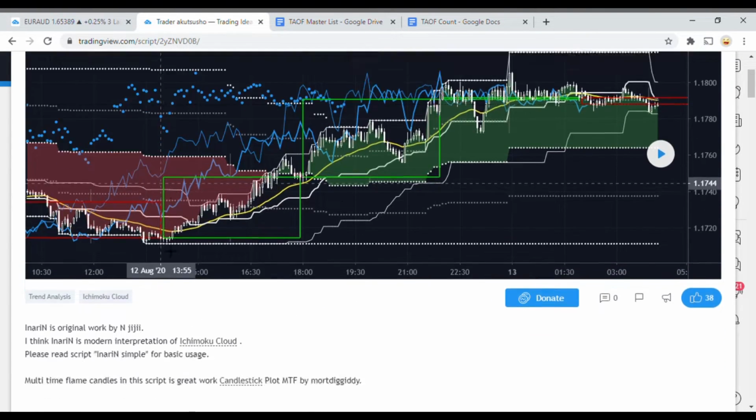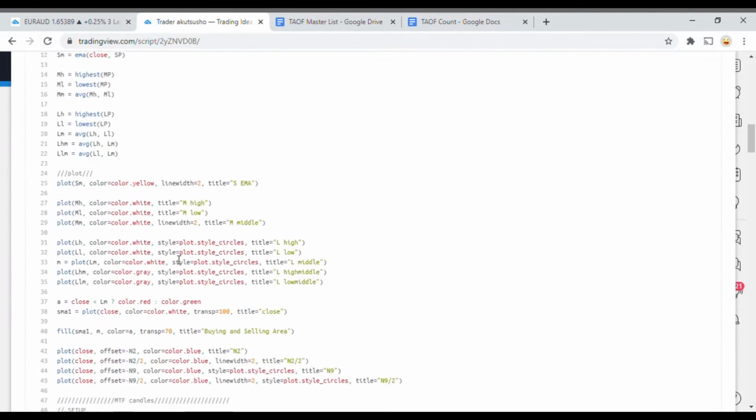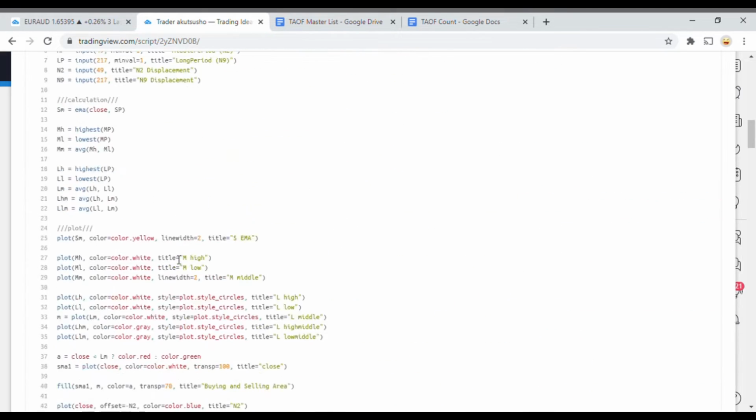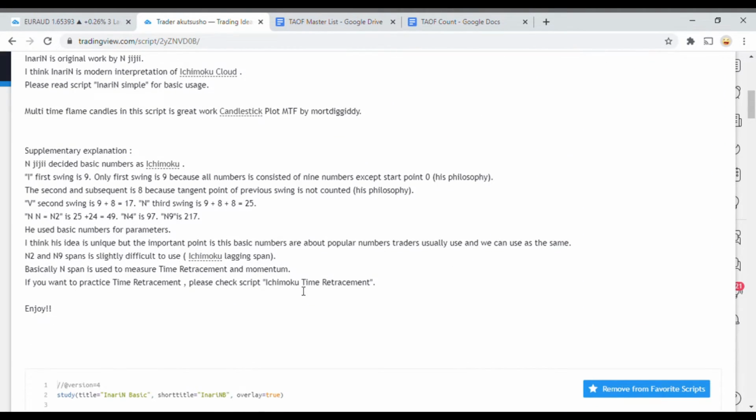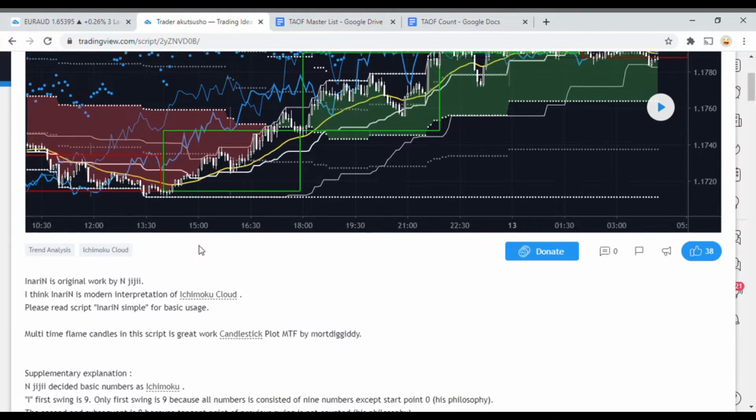But in the publishing page of the indicator here, I would ask that you put notes as to when a trade should be taking place, whether it's short or long or what have you.